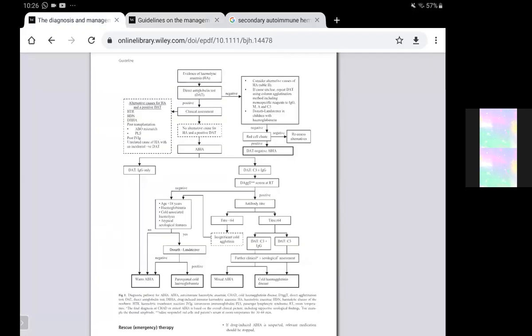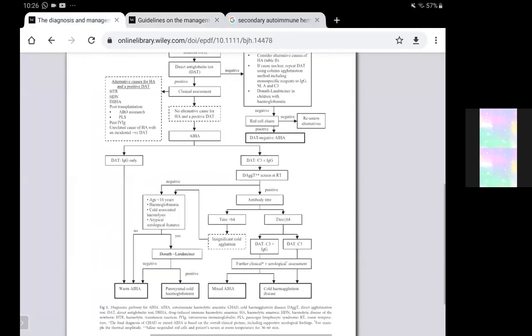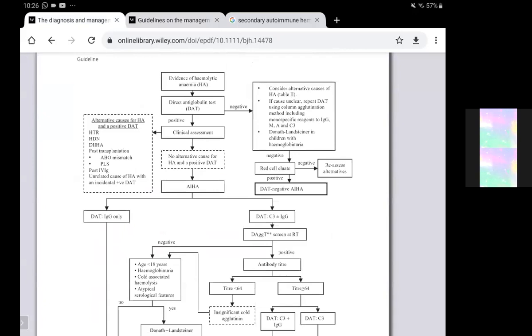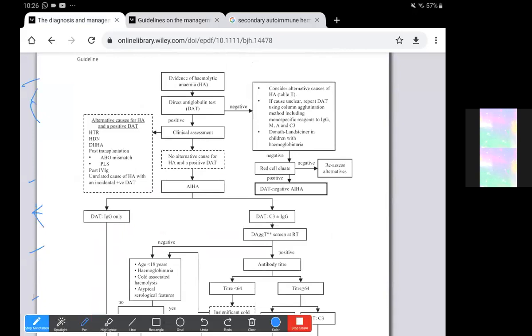And this is regarding this chart, where there was a reference to the clinical evidence of hemolytic anemia, and then the DAT could be negative, but we had to rule out all the causes which could cause a false negative DAT because of a low titer or low affinity antibodies.